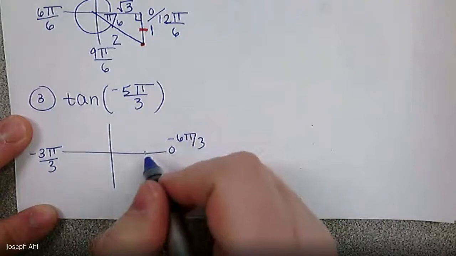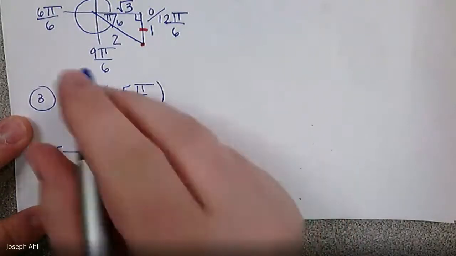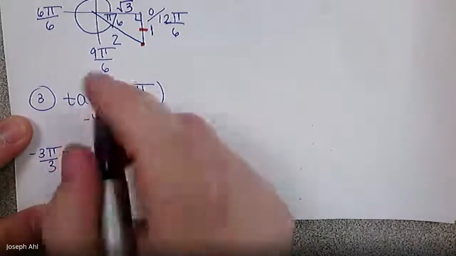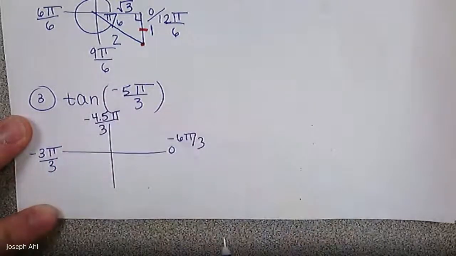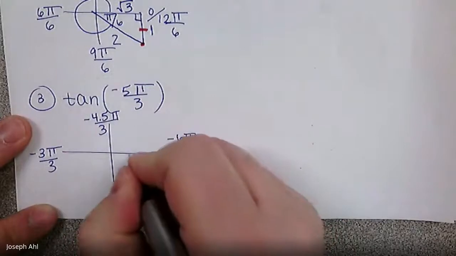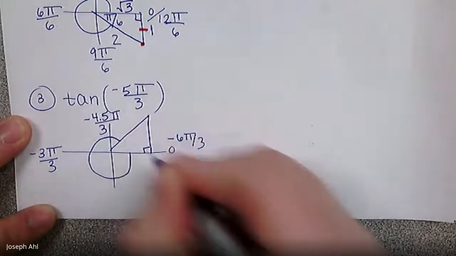So negative 5 pi over 3 is going to be just before I get to full circle. It's a little bit weird to label it this way, but I think it will help you. In between negative 3 and negative 6 is negative 4.5. I know it's weird to have that decimal as part of the fraction there. But that definitely tells me that negative 5 pi over 3 rotates around this way into quadrant 1.